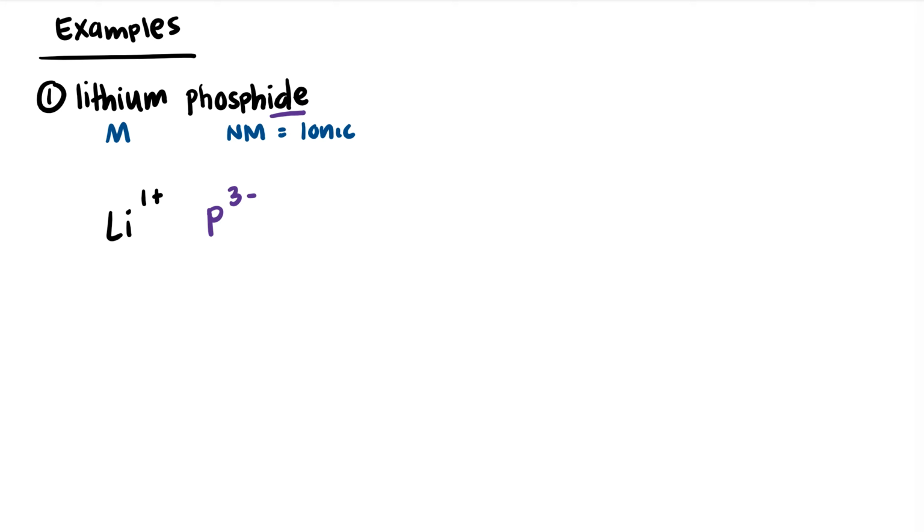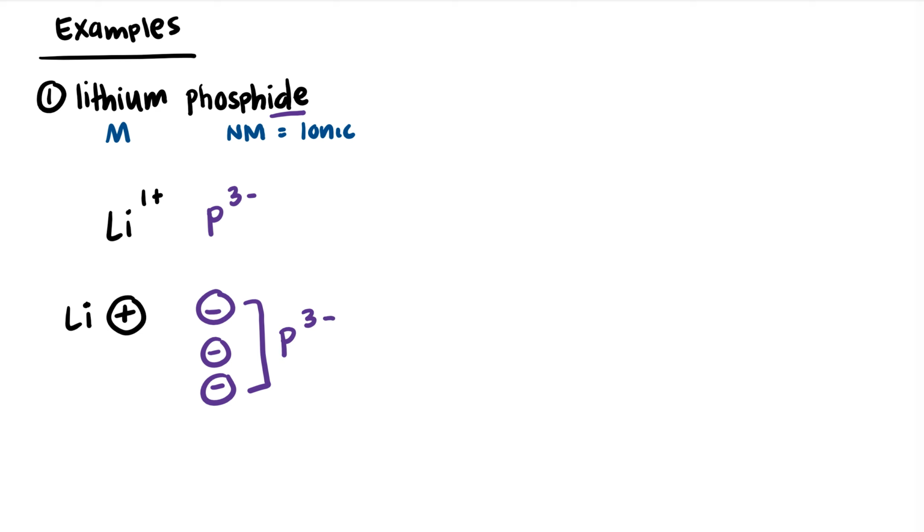So let's figure out how many of each one we're going to need in order for their charges to be equal but opposite. I'm just going to draw a little chart here. If 1 lithium carries with it 1 positive charge and 1 phosphide ion carries with it 3 negative charges, all of this is 1 phosphide, 3 negative.